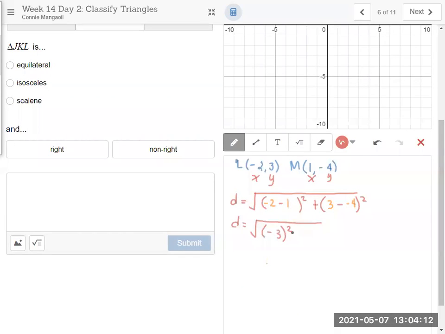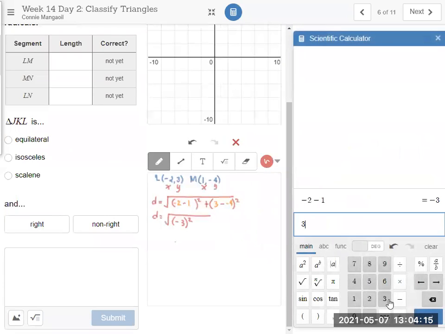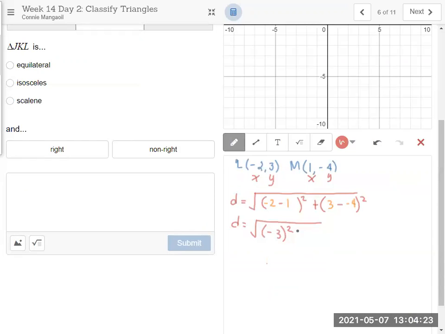What about 3 minus -4? 3 minus -4 will give us 7. So that's 7 squared. Negative 3 squared is negative 3 times negative 3. It would always be positive. And 7 squared is 49. So the distance from L to M is square root of 58. Okay, 9 plus 49 is equal to 58.